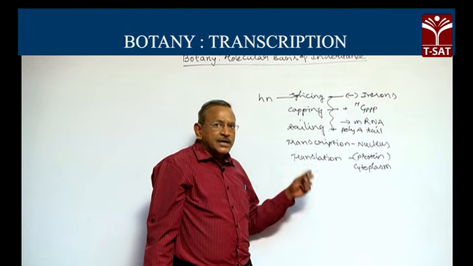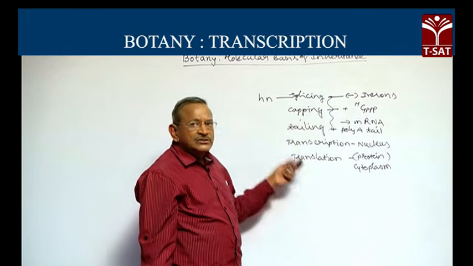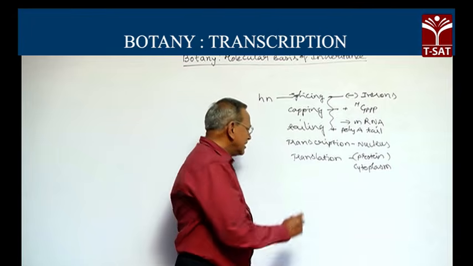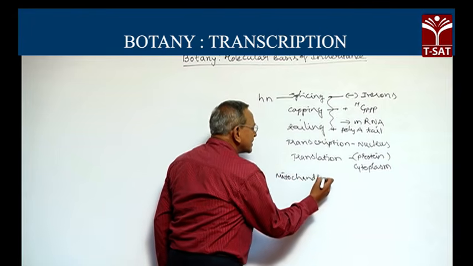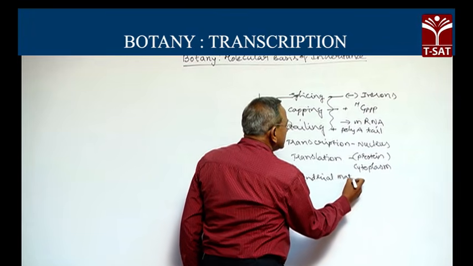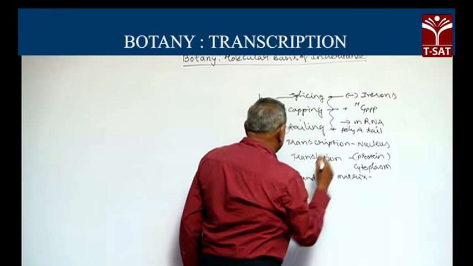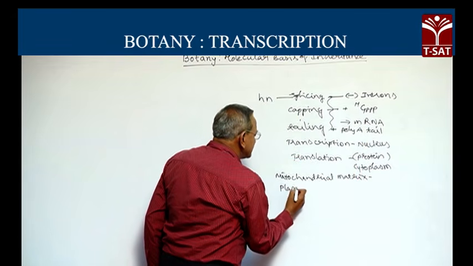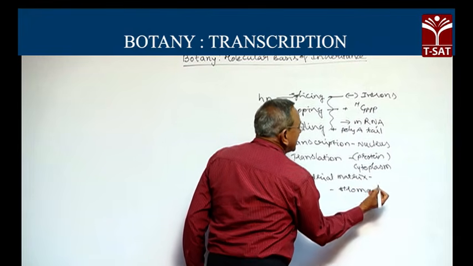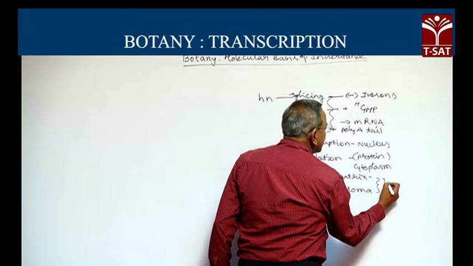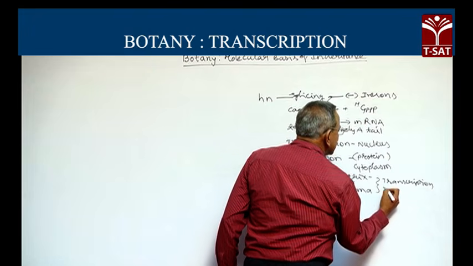In mitochondria and plastids, the transcription occurs and translation also occurs in the mitochondrial matrix. We have both transcription and translation, and in plastids, in the stroma of plastids also the process of transcription and translation occur.